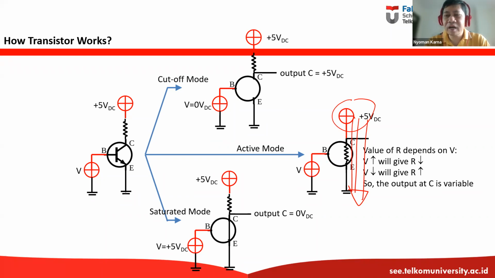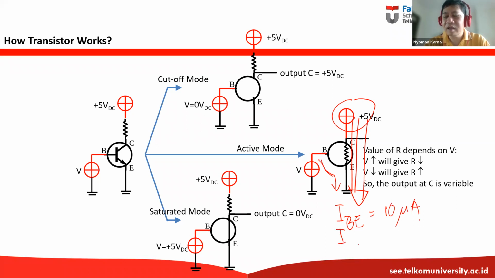The amount of current move from the collector to emitter depends on the current from the base to emitter. Let's say, for example, the current from base to emitter is 10 microampere.